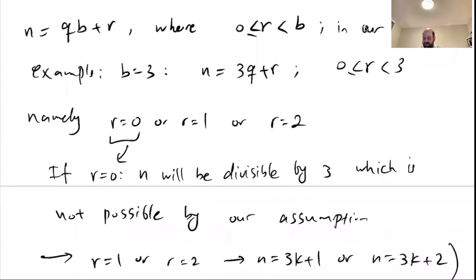In our case, b is 3, so n is of the form 3q plus r, or 3k plus r, it doesn't matter, and r is less than 3 and bigger than or equal to 0. There are only 3 integers which are bigger than or equal to 0 and less than 3, and those are 0, 1, and 2.